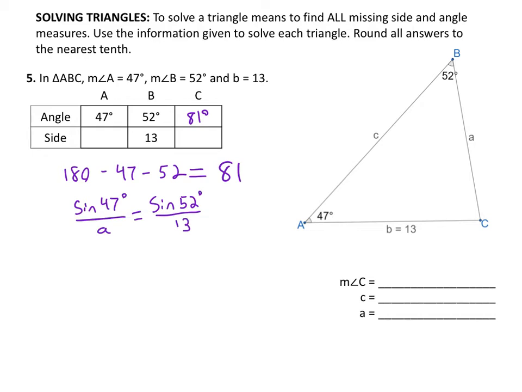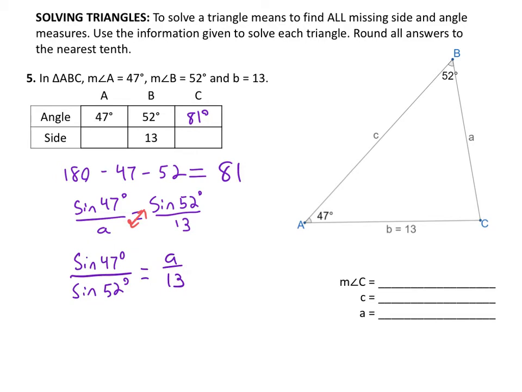Since we are solving for multiple sides, I'm going to use the variable A when we're solving for A, and the variable C when we're solving for C. Here's our first law of sines filled out: sine of 47 degrees over A equals sine of 52 degrees over 13. I can swap these two, so the sine of 47 degrees over the sine of 52 degrees equals A over 13.